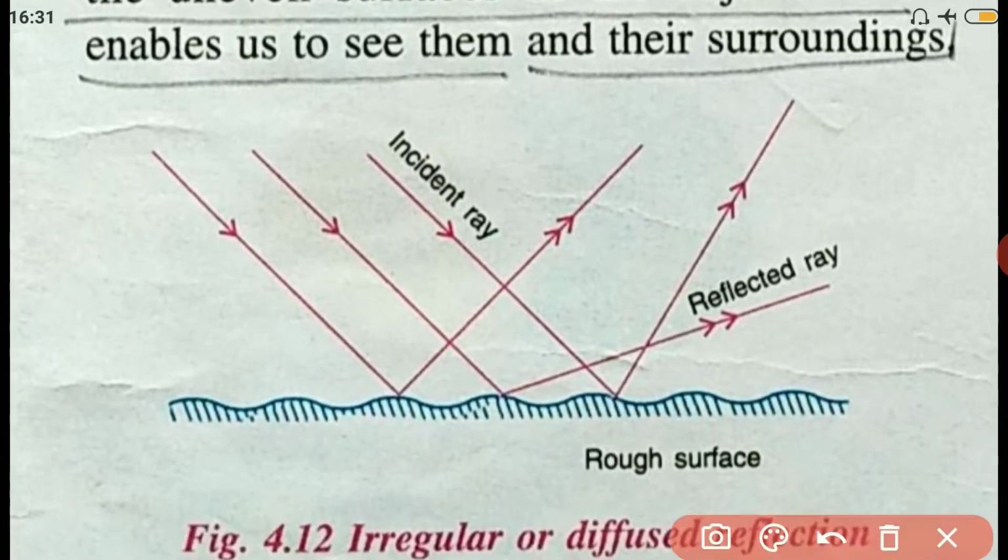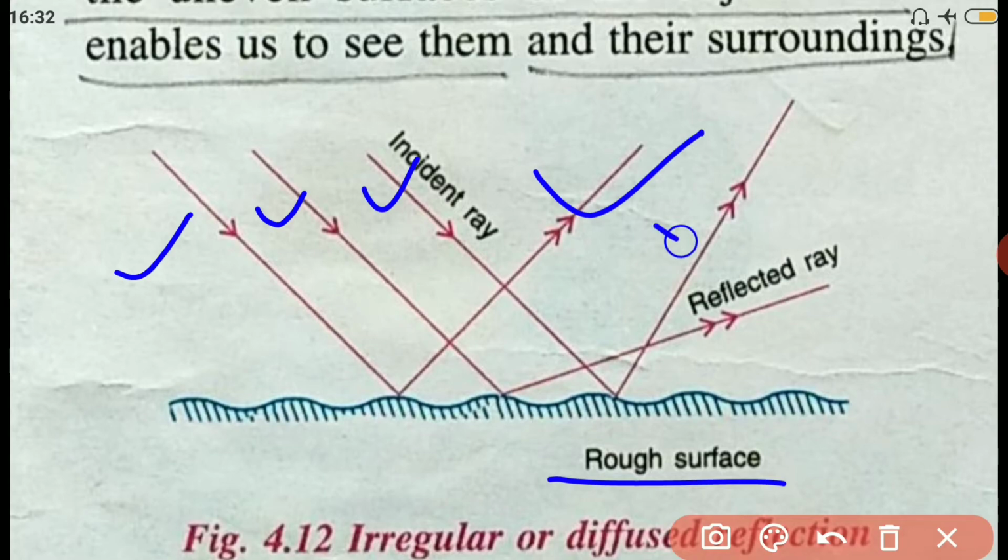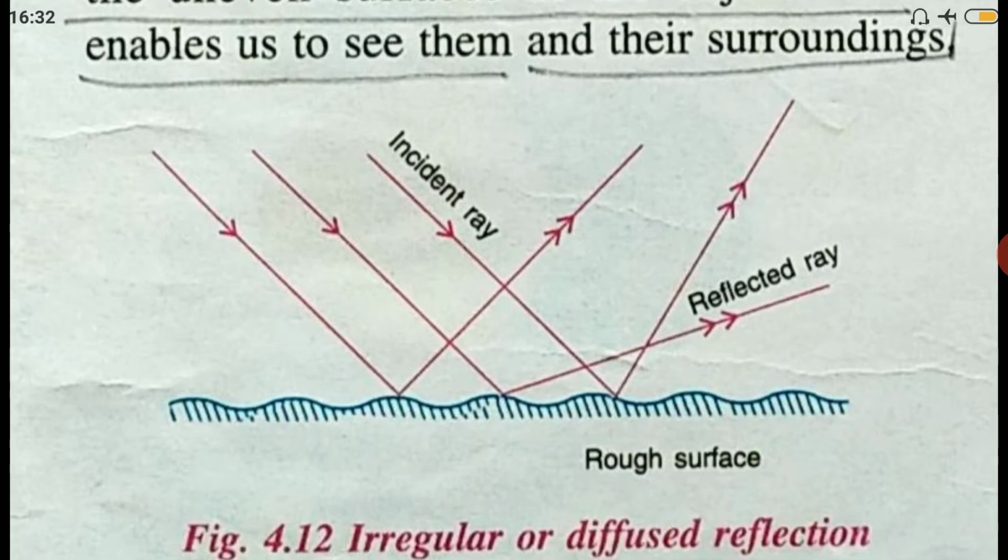Here we can see the incident rays are parallel to each other, and they are striking a rough surface. But the reflected rays, these three rays, are not parallel to each other. So this kind of reflection where the reflected rays are not parallel to each other is known as irregular or diffuse reflection.